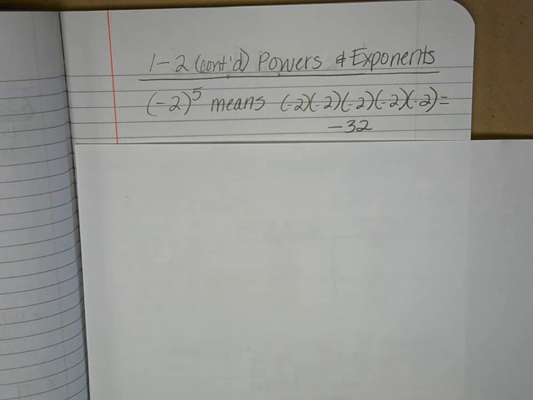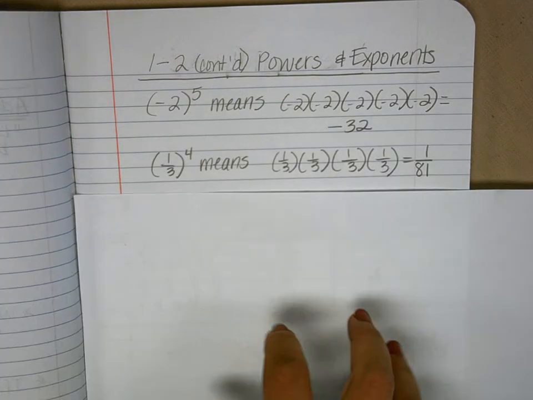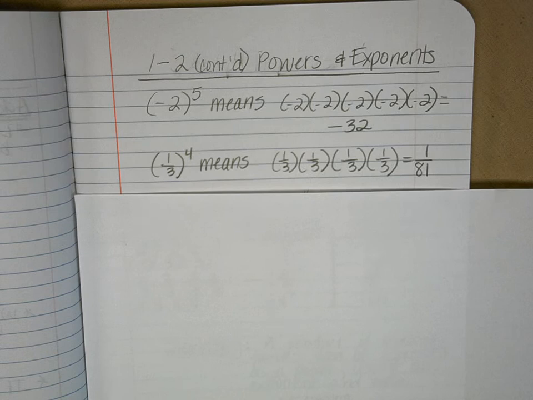Here's another one to write down. This is a fraction. This is 1/3 to the 4th power, and that means in expanded form that is 1/3 times 1/3 times 1/3 times 1/3.